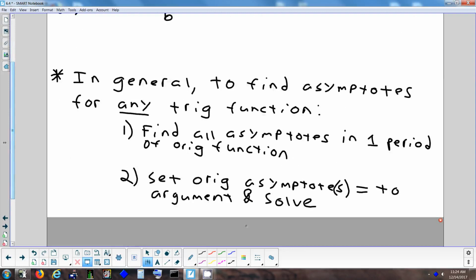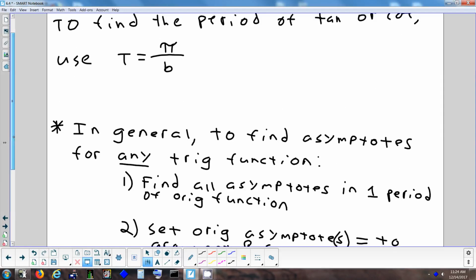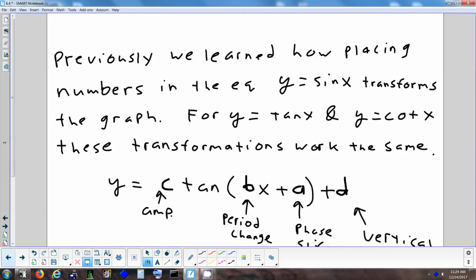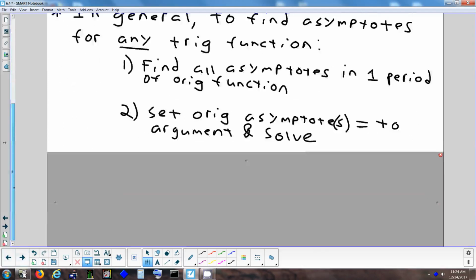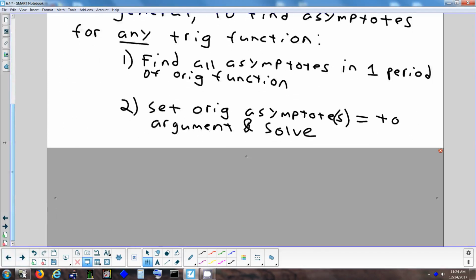And set them equal to the argument. What's the argument? That's the argument. So find an asymptote, set it equal to what I just circled, and solve. And now remember, asymptotes, or any point in the graph, it reoccurs how often?